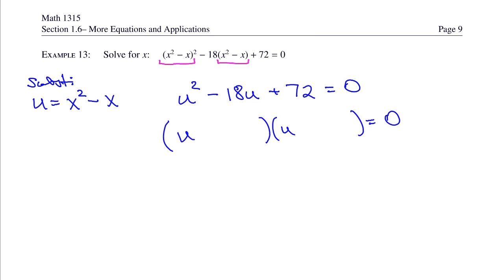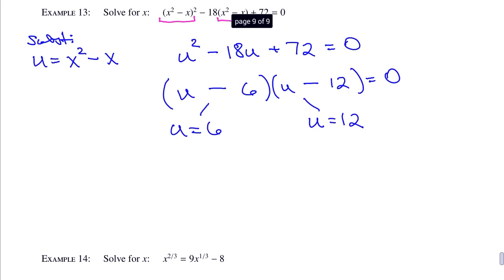And then what two numbers multiply to give you 72 and add to give you 18? It would be 6 and 12. And we split these up and solve for u. So u is equal to 6 and u is equal to 12.